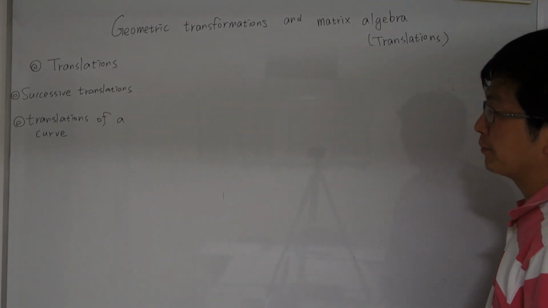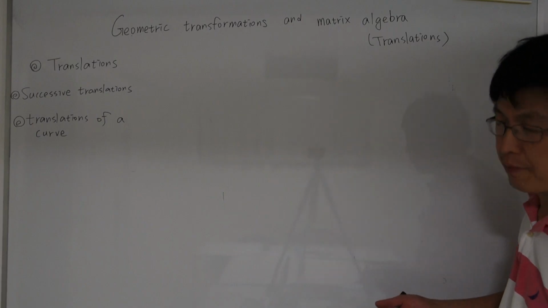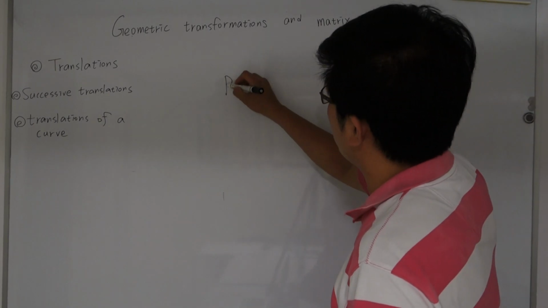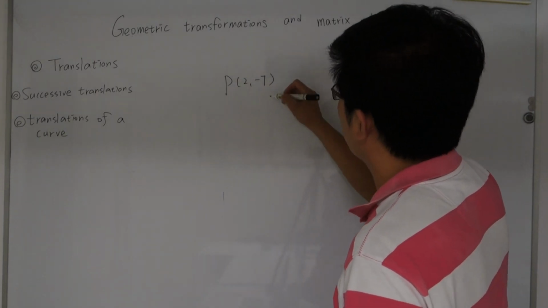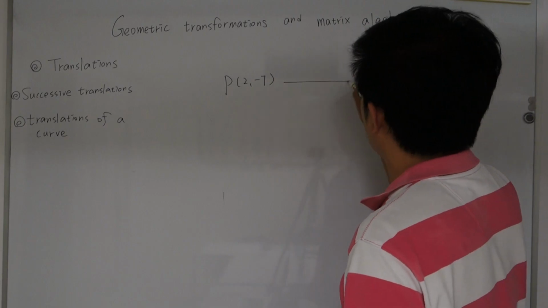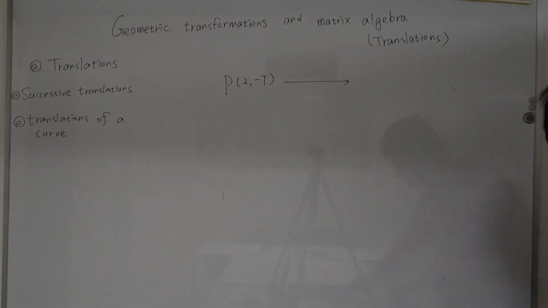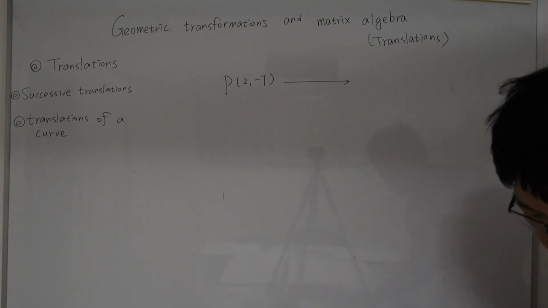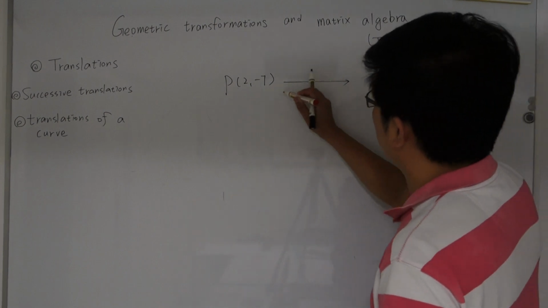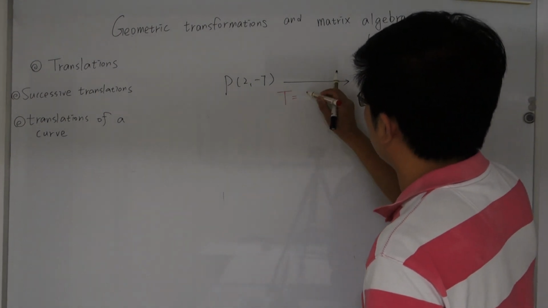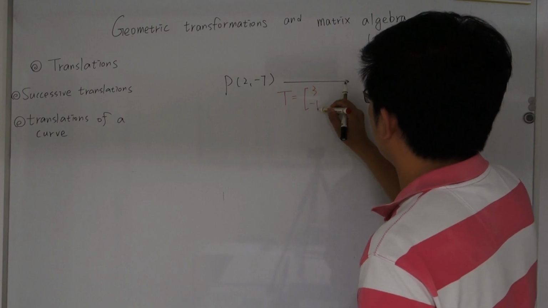For the first concept, we talk about how to translate the point (2, -7) to a new point. The question gives the translation vector, suppose equal to (3, -1).